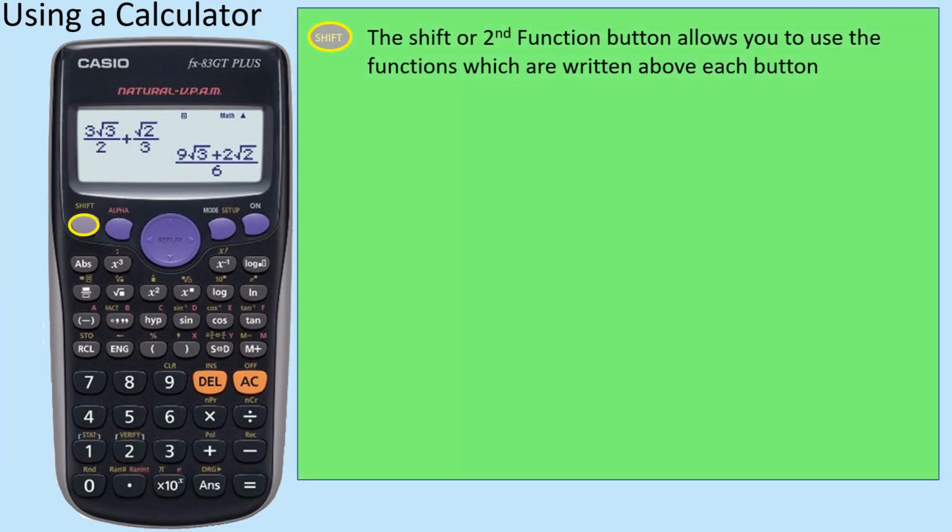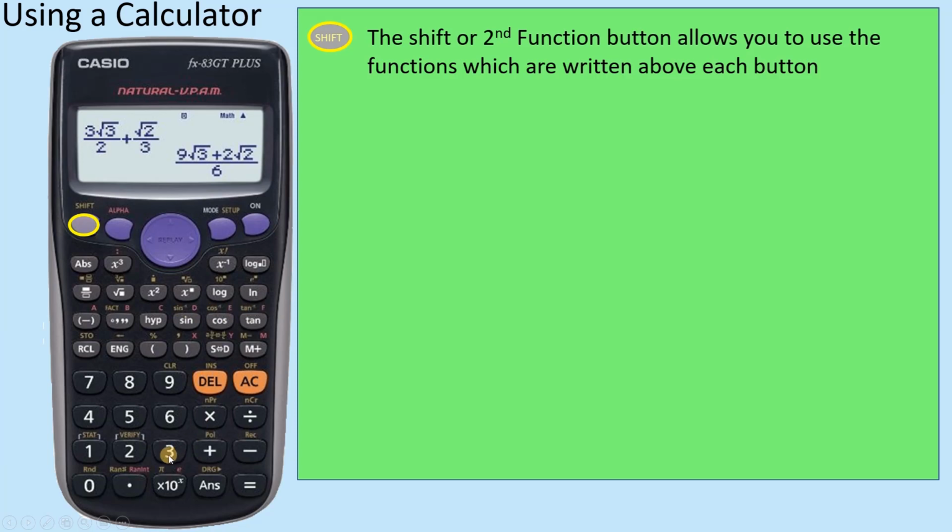First of all, the shift or second function button, which is over here, allows you to use the functions which are above. The second function is going to give you access to those. So when you're doing cube root, you can see the cube root just above there. If you're working out trigonometry and inverse functions of sine, you've got sine, cos and tan above there, so you're going to need those.